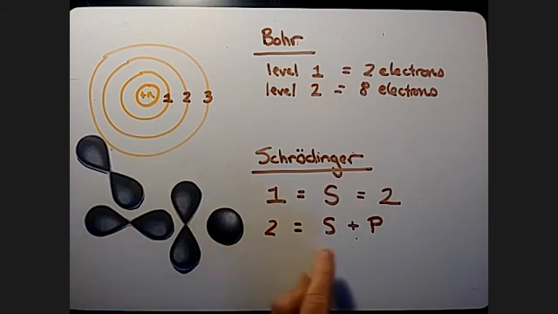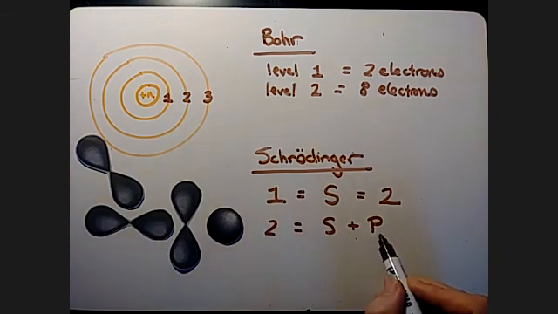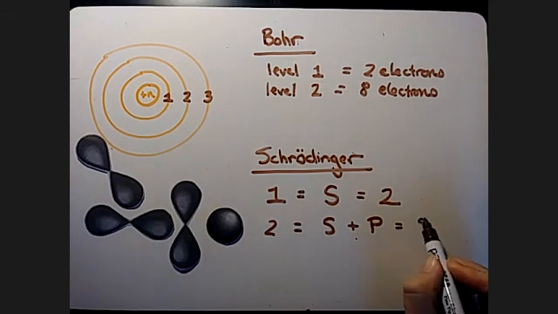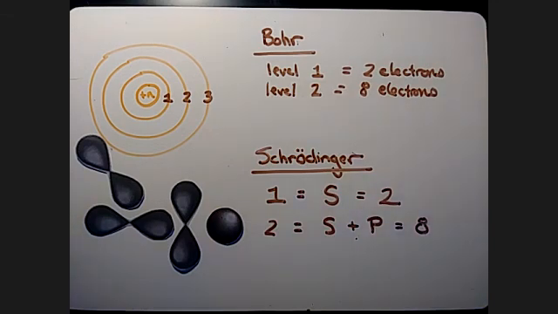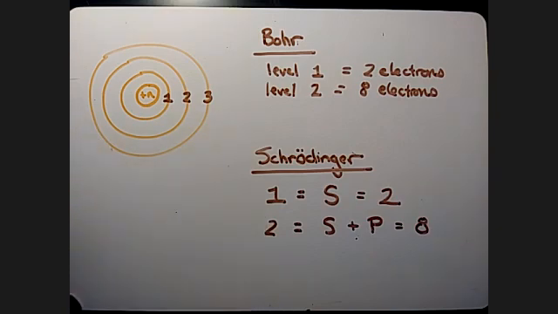So the second energy level can hold both the S and the P shapes. There's a total of 2 in the S and 6 in the P for a total of 8 electrons. So again, there are 6 in this P shape, 2 in the S shape, 2 per one of these shapes.